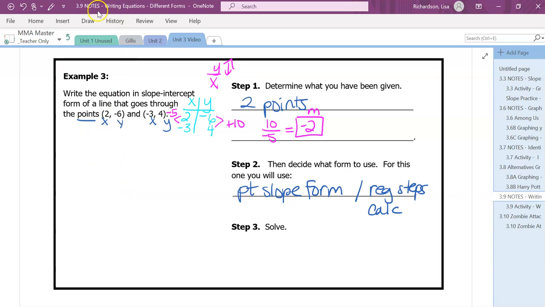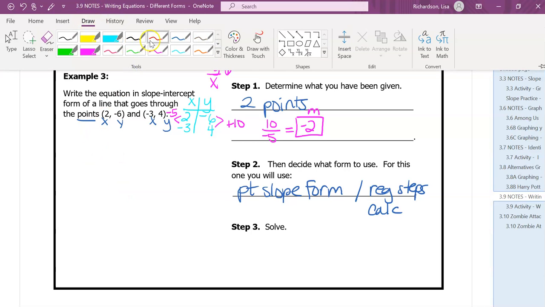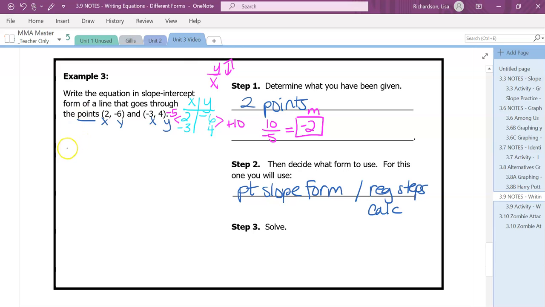So I'm going to come over here. I am going to write down the formula and start to fill it in. y minus y1 equals m times x minus x1. Sorry, I've got to say it when I'm filling it in. I need to pick one of these points to use. It does not matter which one of these points you use. I tend to look for the ones that have all positives, but unfortunately neither of these do.